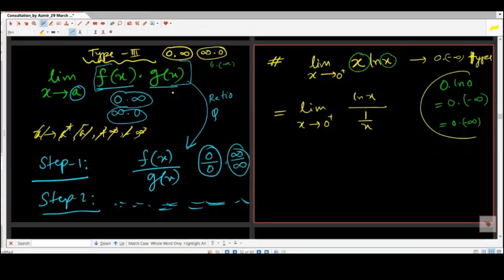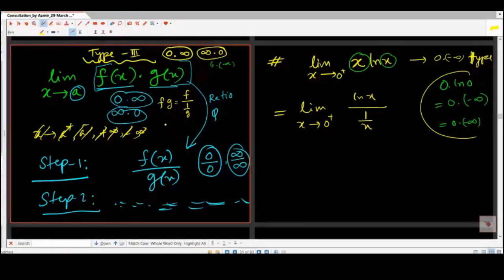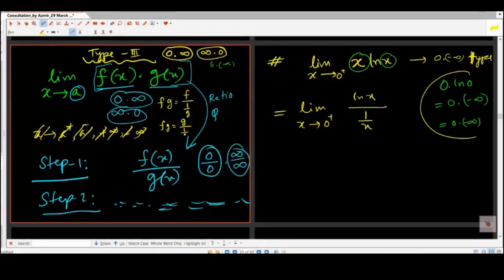We can think about, if we have f times g, we can write like f over 1 over g, or f times g can be written as g over 1 over f. So this is how we can convert the product to the ratio form.